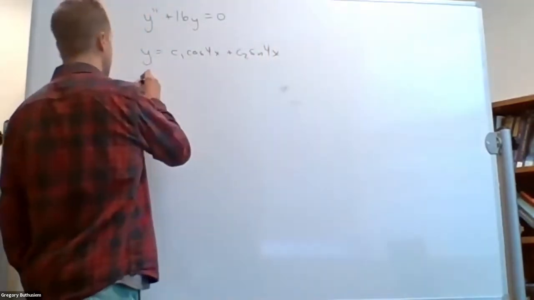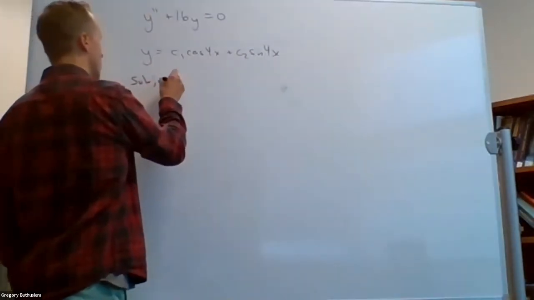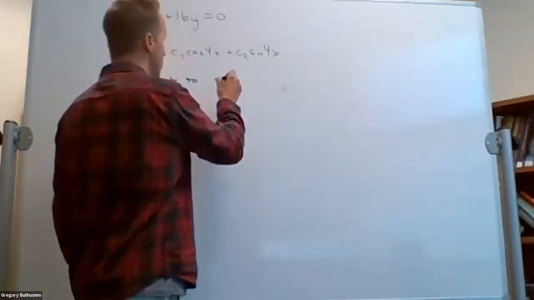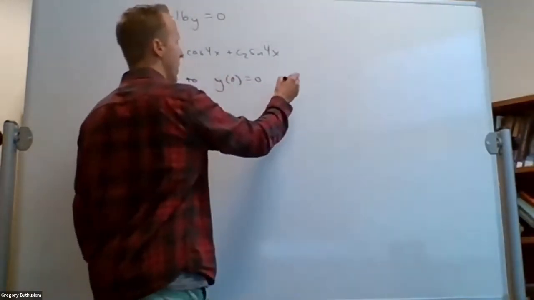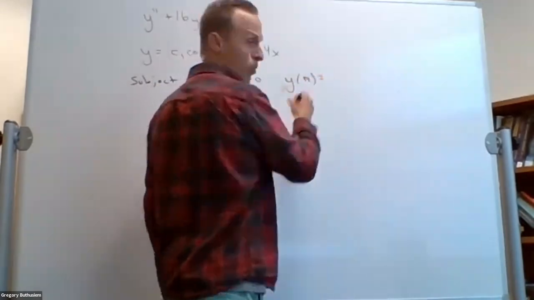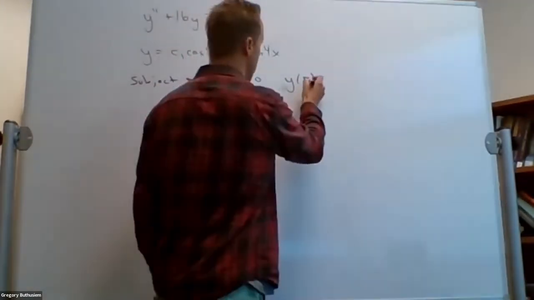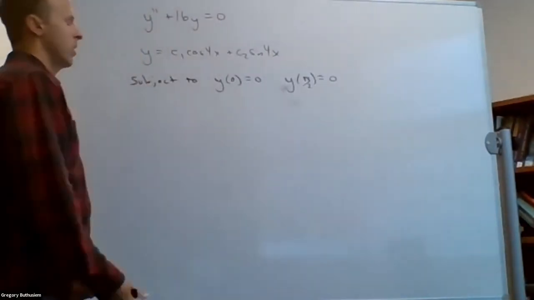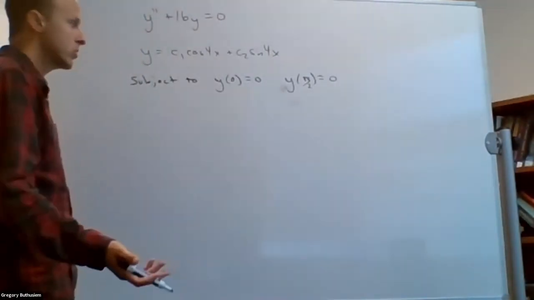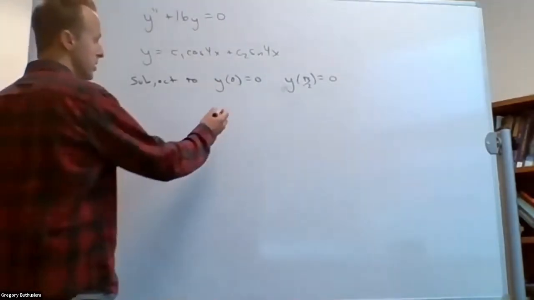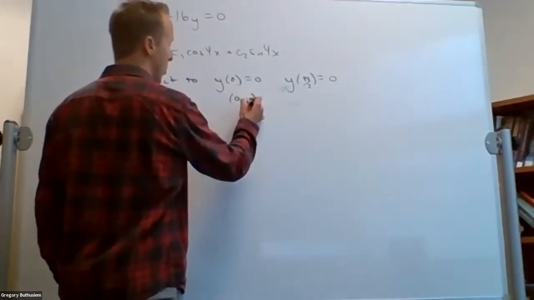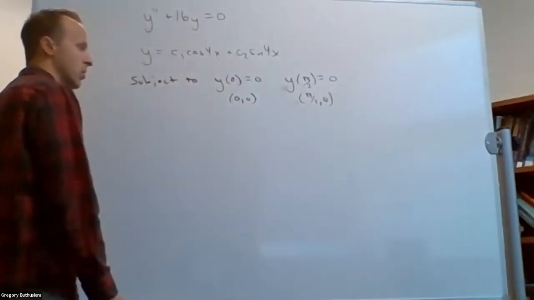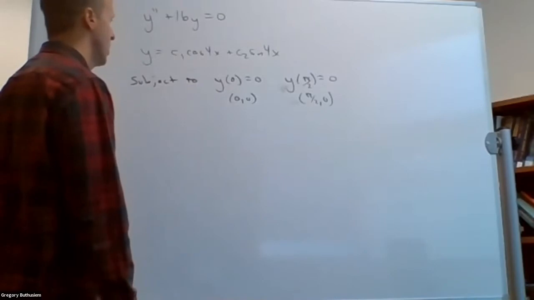And we got these conditions subject to y of 0 equals 0, and y of pi halves equals 0. Okay? So, find C1, C2. Again, plug them in, right? This is telling me I have this point 0, 0 on y, and this is telling me I have this point pi halves comma 0 on y. Okay? That's all that's doing.